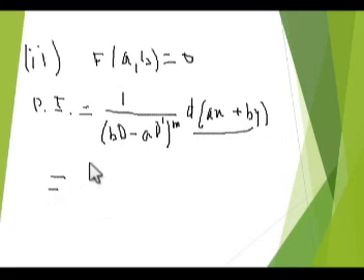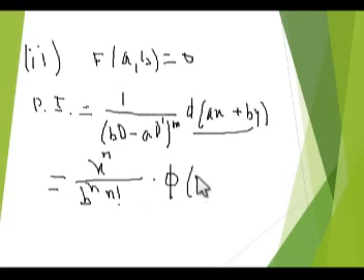Then we easily calculate this. You will have to remember x to the power n, b to the power n by n factorial into n factorial, phi of ax plus b. Here the integrals will be this way.